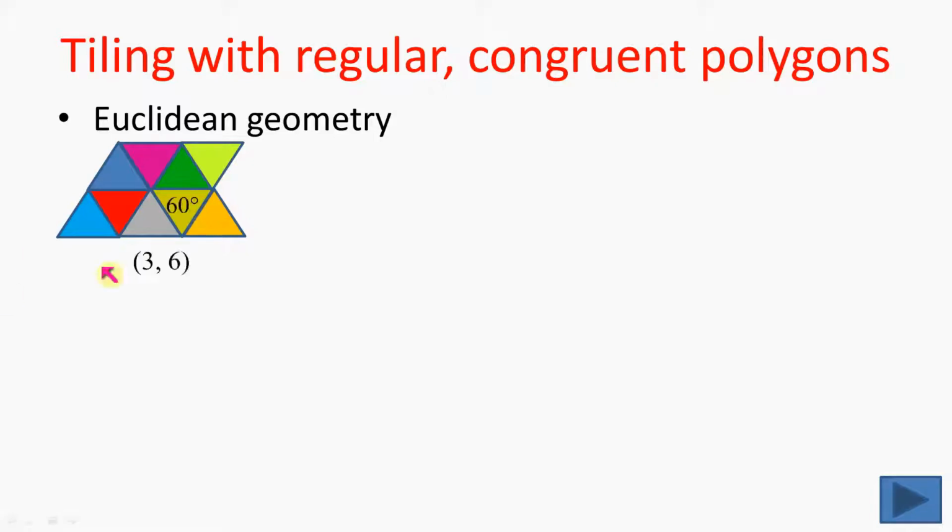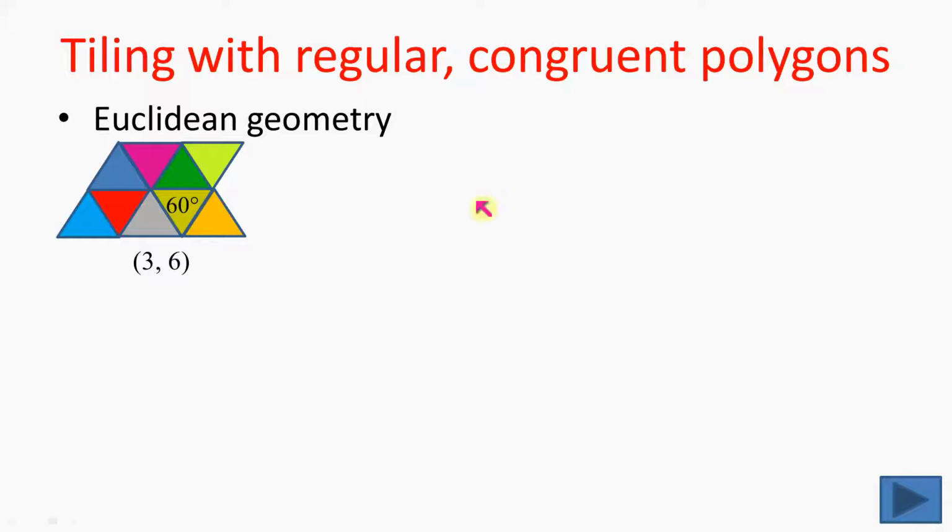This tiling is called 6-3 tiling because we use triangles, and at a vertex of the tiling, exactly 6 triangles meet. Obviously, this must be the case because in case of a perfect triangle, the angle is 60 degrees, so we need 6 of them to produce the 360 degrees of the total angle.